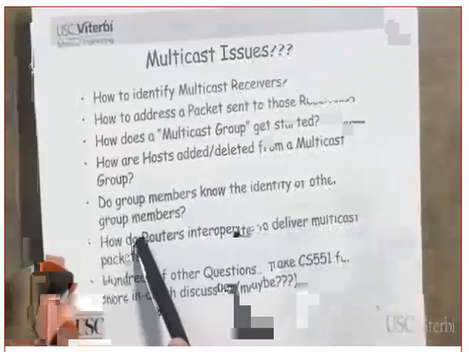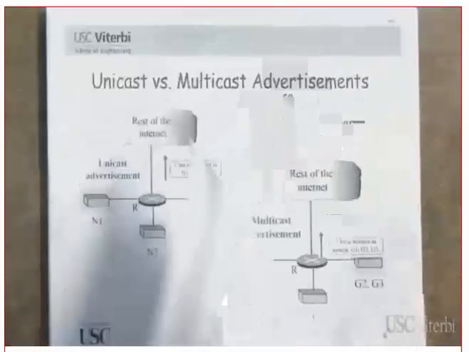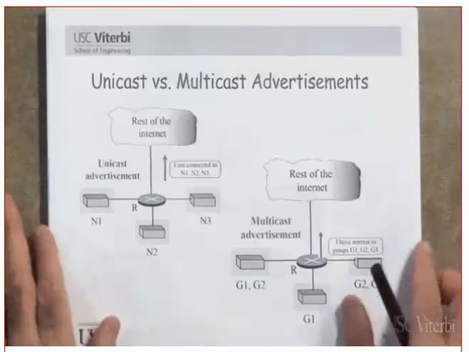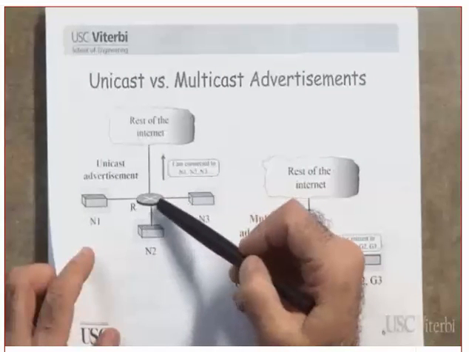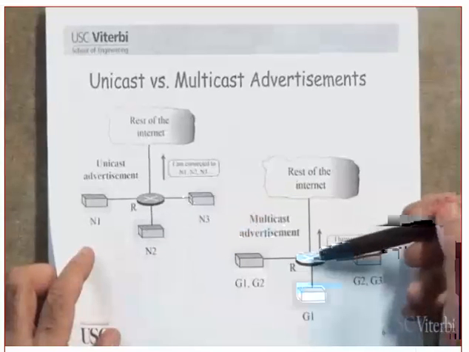Just like in the case of a unicast, where routers advertise to the rest of the internet which networks they can reach, in the case of multicast, they advertise whether there is interest in the leaf networks. A router attached to multiple networks, each one of them is called a leaf network.